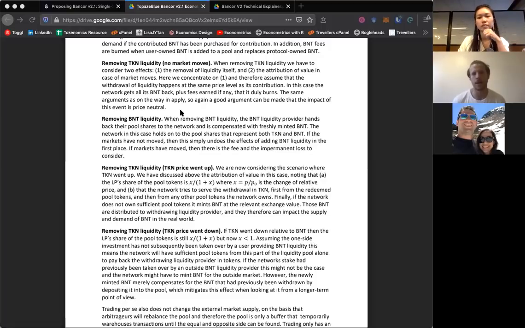So let's say they staked 100 TKN, and the TKN price is $1 at the time, so it was $100 worth of TKN. The TKN price doubles to $200, and the TKN liquidity provider has accrued full impermanent loss protection, so is able to withdraw the same principal value.